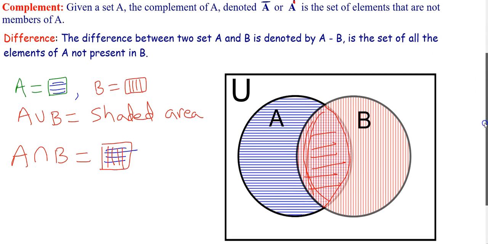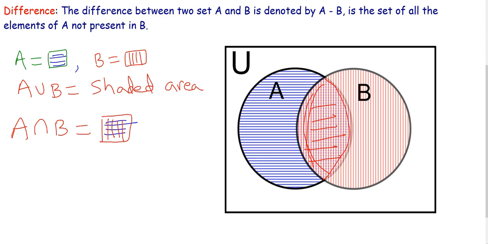How do you show this in the Venn diagram? It goes like this.